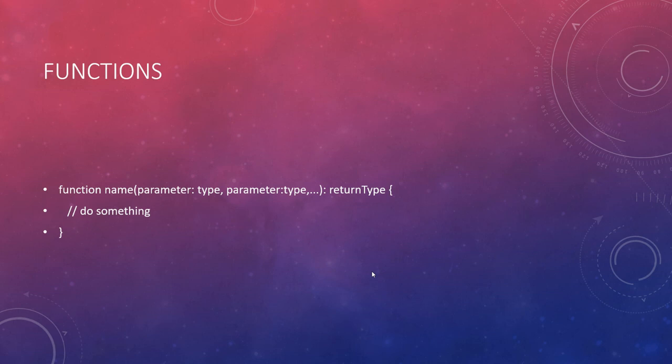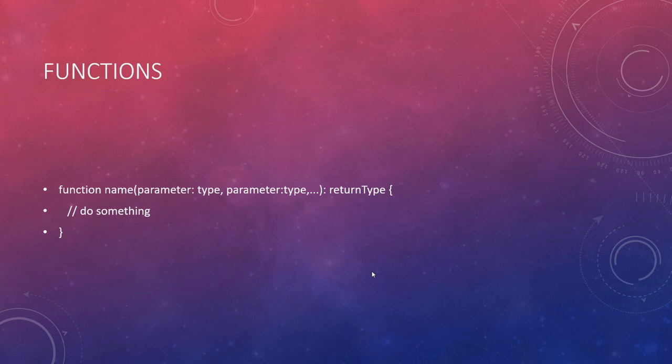Moving further, we will look into functions in TypeScript. Functions are basically the building blocks of readable, maintainable, and reusable code. Like JavaScript, you use the function keyword to declare a function in TypeScript. You pass a parameter which has a data type mentioned.